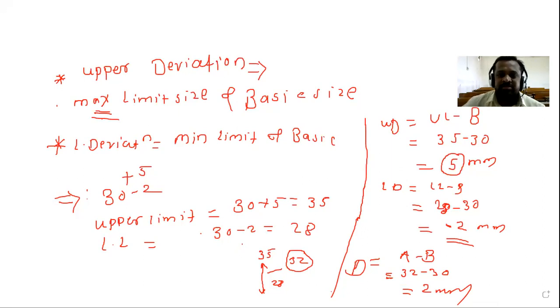What is meant by the tolerance? The difference between upper limit and lower limit is called the tolerance. Then what is meant by the nominal size?